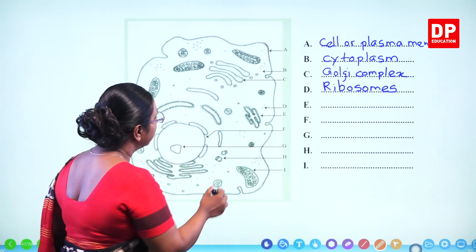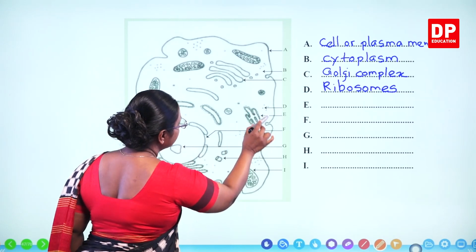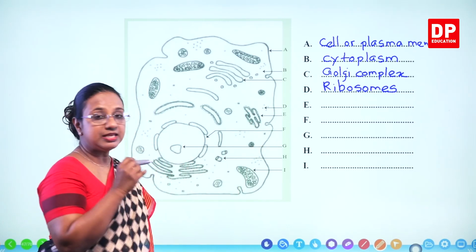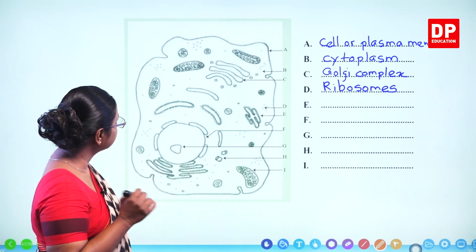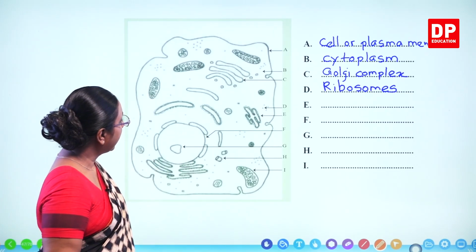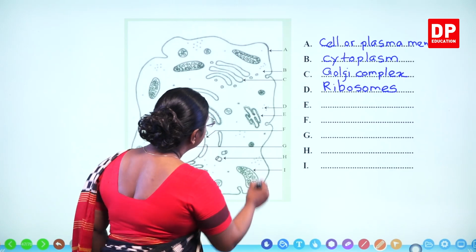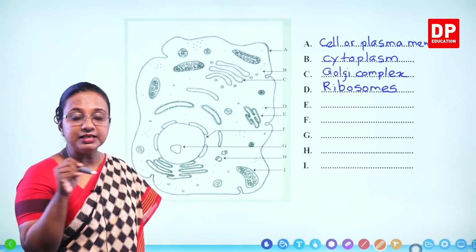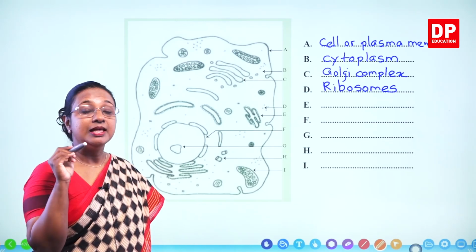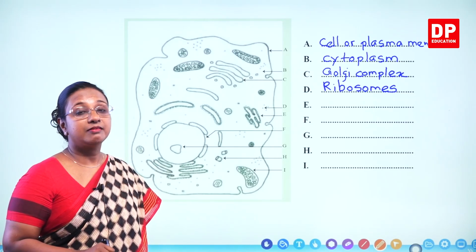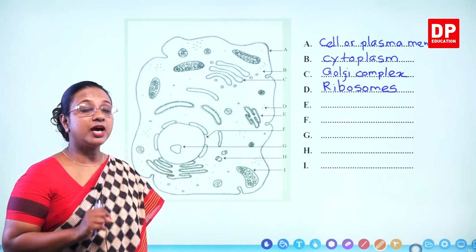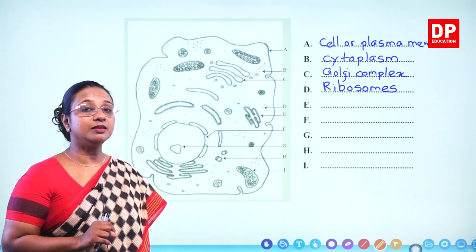Structure E. Here you can see structure E. And structure E is a membranous network. And in that, around the membrane, you can see the dots. These dots are the ribosomes. So, there are two types of membranous network.